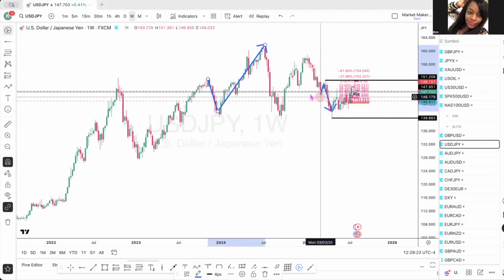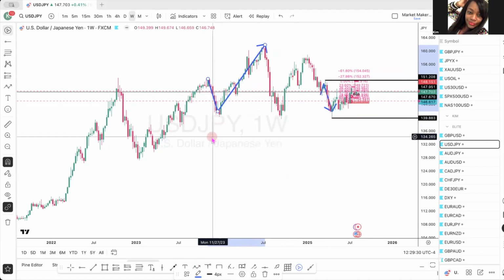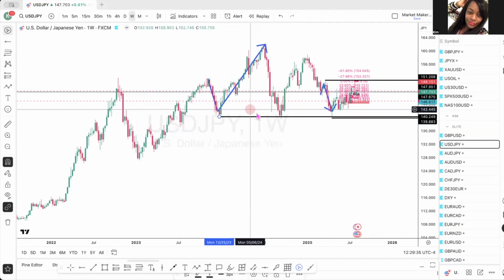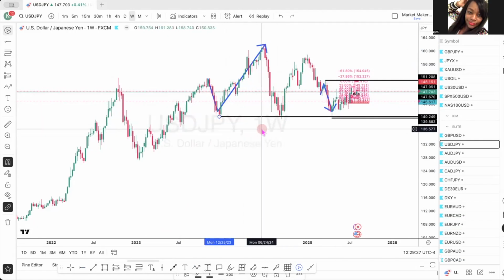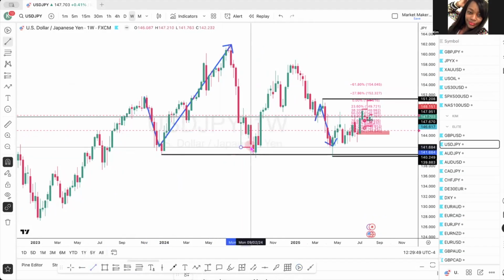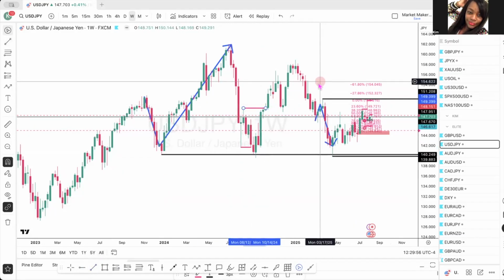So price pulled back, didn't close below, and then started breaking internal structure and these internal swings. Or if you want to just say this one internal swing, this was a break of structure to the downside, which made this your swing high.